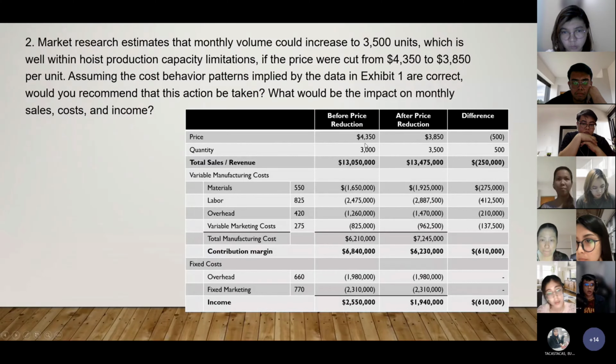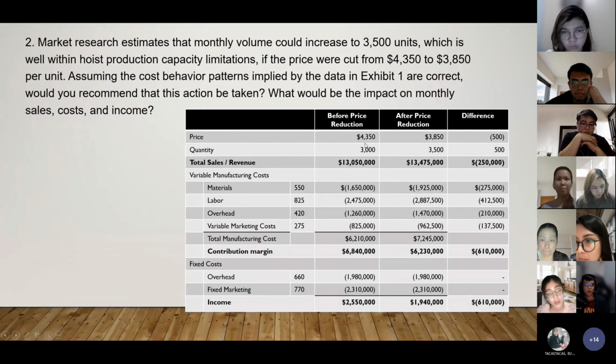So we also made a table for this question consisting of without government contract and with government contract. So dito muna tayo sa without government contract, yung regular 4,000. So revenue natin dito is 17,400,000. So how do we get this? Simply multiply the unit selling price times 4,000. Then variable manufacturing cost times 4,000 din.